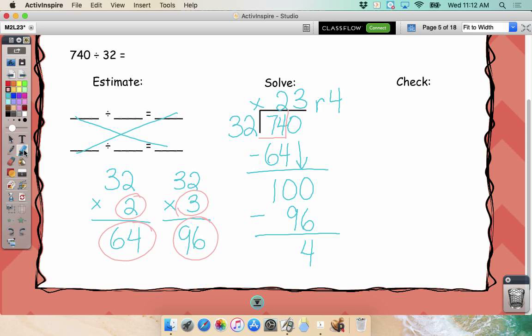And I'm going to highlight these and start multiplying. Oops. So I'm going to take 32 times 23, and that's turtle head.